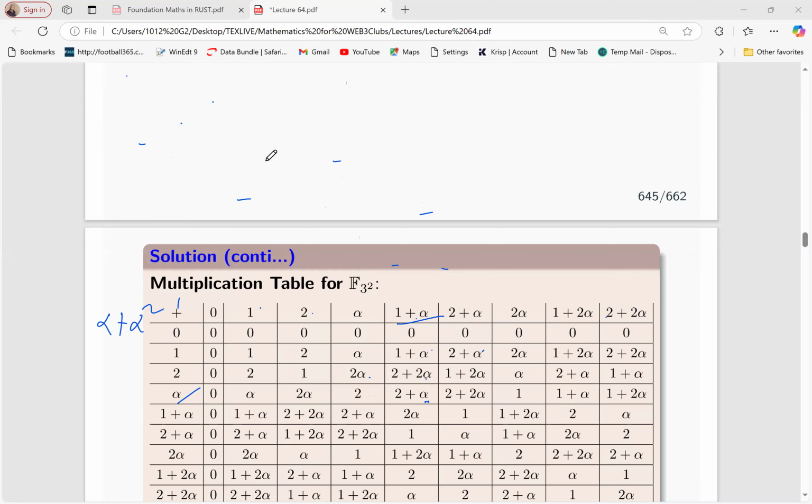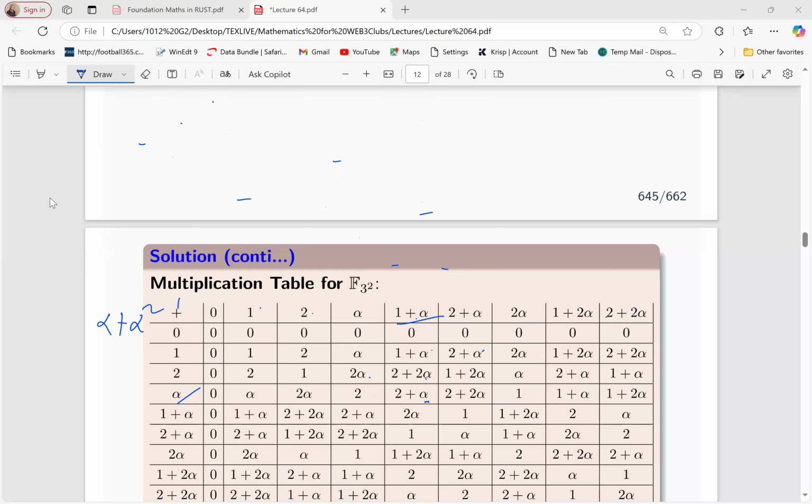Yes, you can use even polynomials with coefficients, but you have to verify that the polynomial is irreducible. I know what you mean. For instance, I used a polynomial f of x, x squared plus 1, and you may want to change the coefficient.